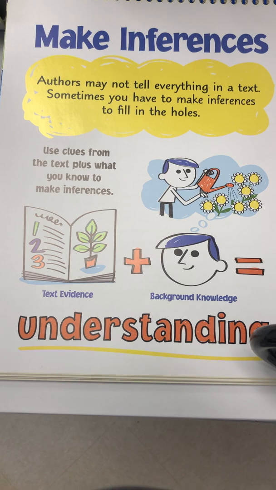So we're going to use the clues from the text plus what you know to make an inference. So our inference was that there was sand, it was hot.